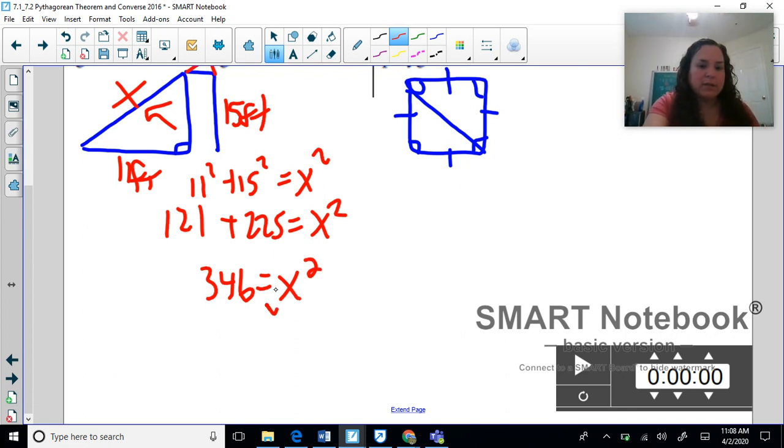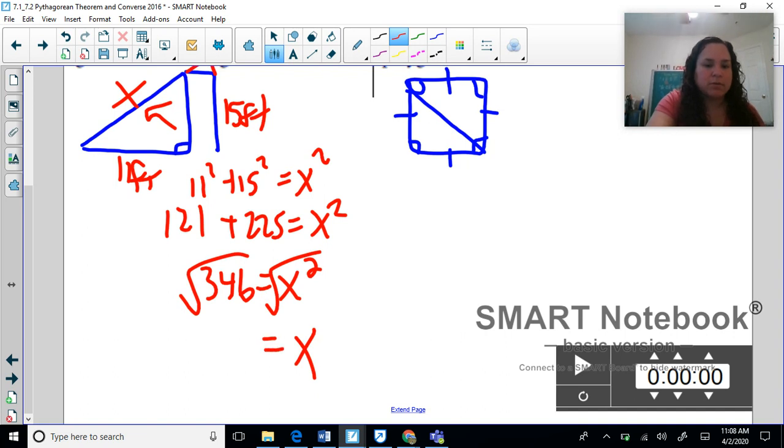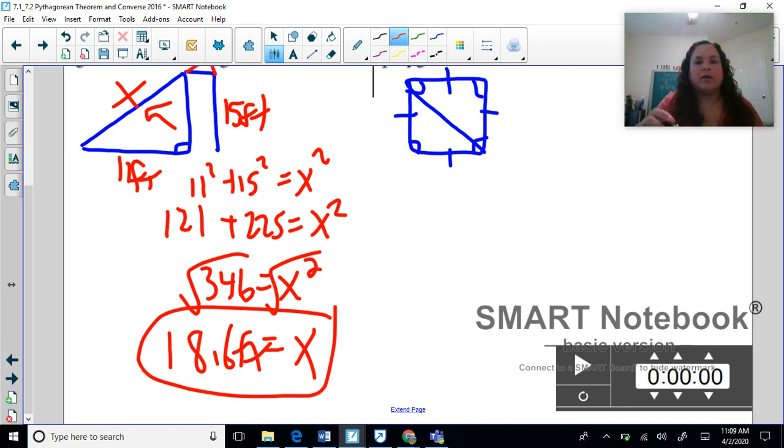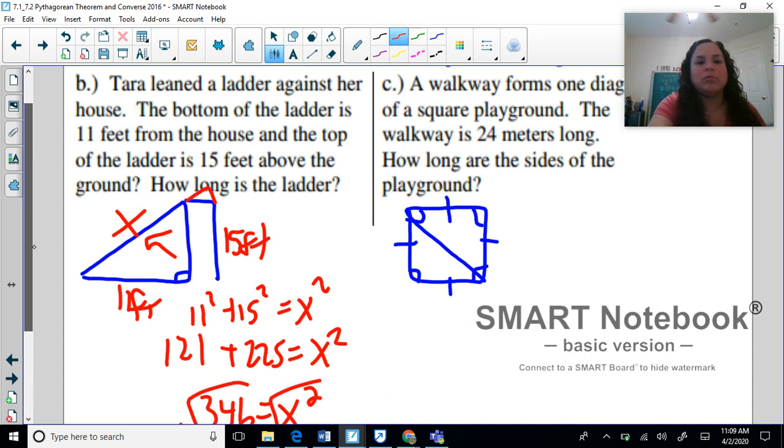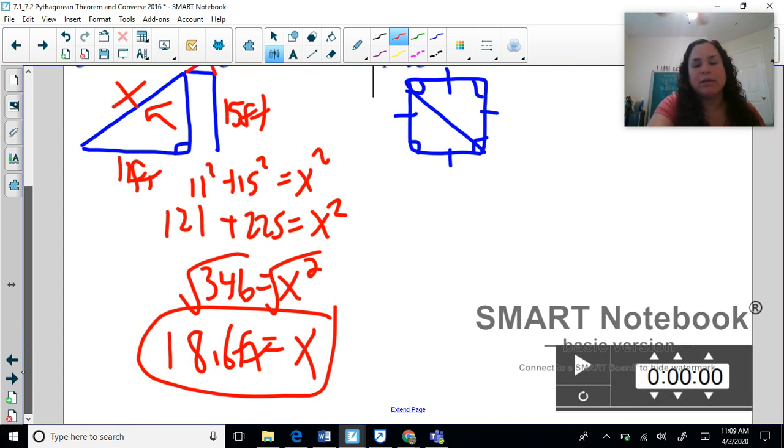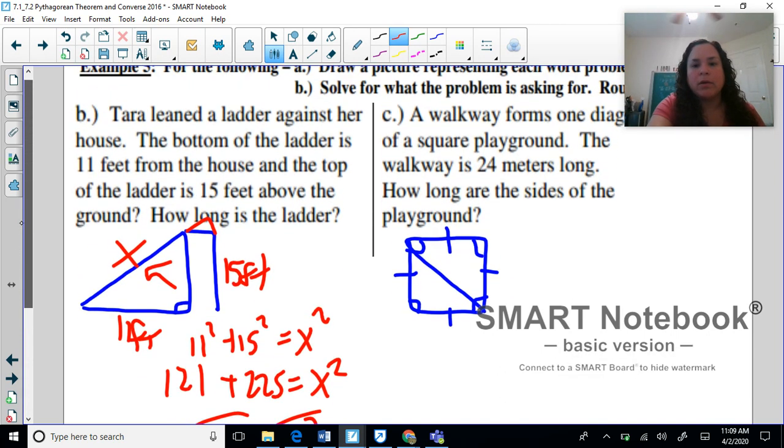We will take the square root of both sides, and this will give us x equals. We can go ahead and convert this into a decimal, and this would be 18.6 feet. All right. So that is how long the ladder is. The ladder is 18.6 feet long.